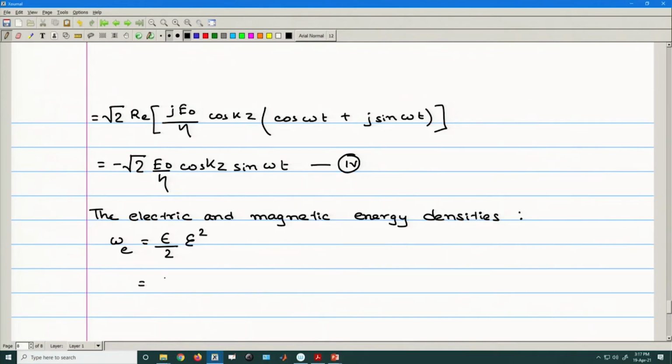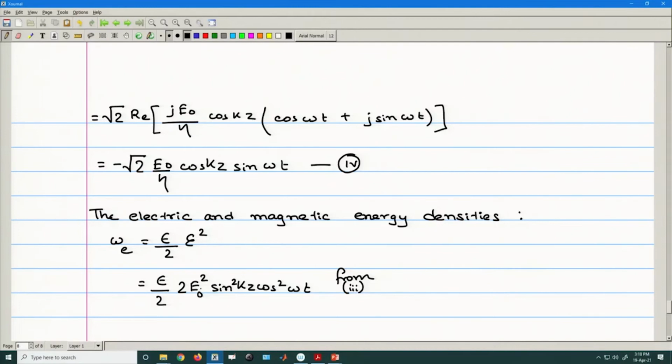This instantaneous E field we have derived as root 2 E naught sin kz cos omega t, from equation number 3. So substituting from 3, we get E square as 2 E naught square sin square kz cos square omega t.